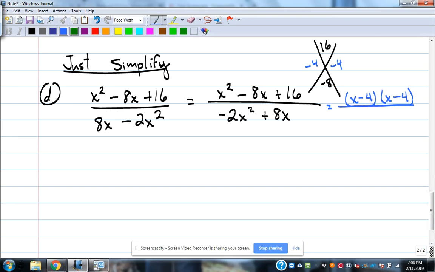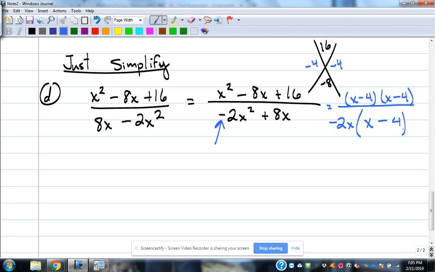So here's the trick to this one. Because that leading term is negative, when you pull out the 2, you want to pull a negative with it so that it's negative 2x as the GCF. The reason you want to do that is so that what you've got left in parentheses doesn't have a negative in it on the front part. So what times negative 2x gives me negative x squared? 2x squared would be x. Then minus 4, because to get that to happen, you need a minus.